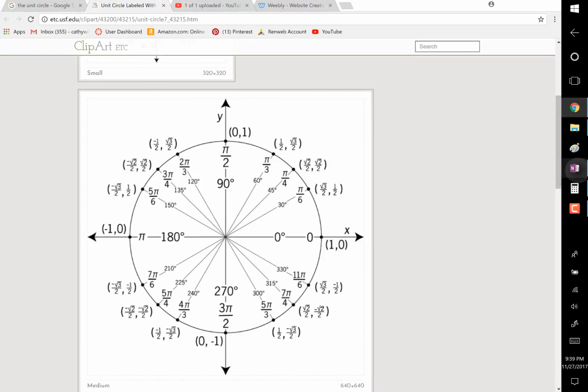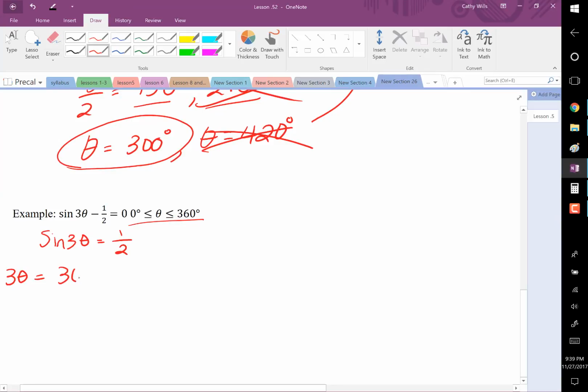So the two choices are 30 and 150. All right, so if 3 theta is 30, that means that theta is just 10, because theta is 30 over 3. And then if 3 theta is 150, then theta is 150 over 3, or 50.